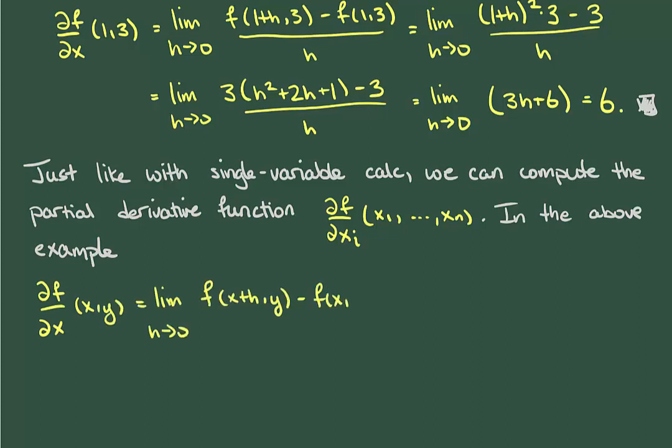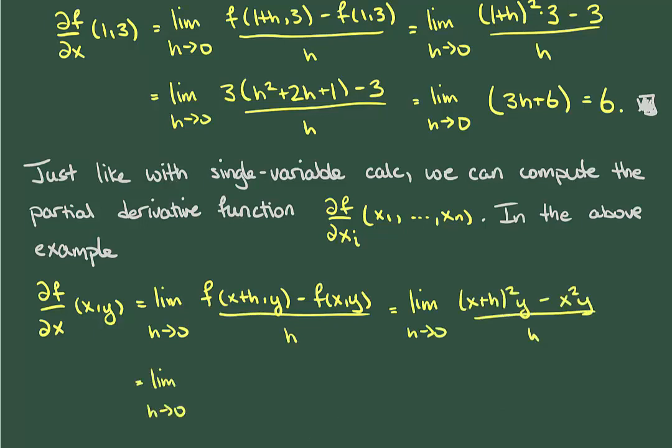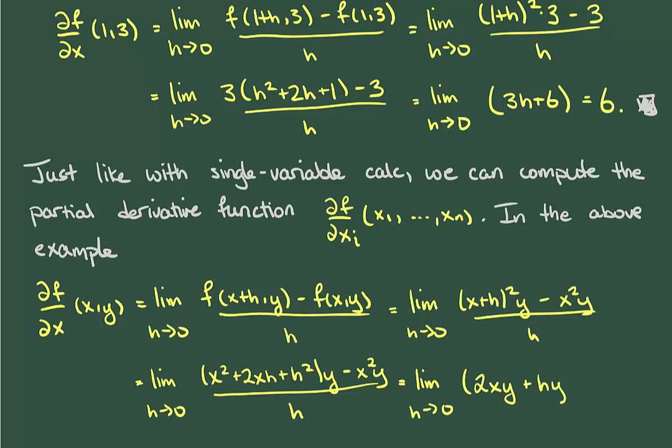We start off the exact same way, except now we've got a bunch of x's and y's hanging around, but they won't cause us too much trouble. Just treat them as though they were numbers, remembering that the limit is in h, and doing so we arrive at 2xy. And yeah, if we plug x equals 1 and y equals 3 into this, we get out 6, which is the same answer as before.